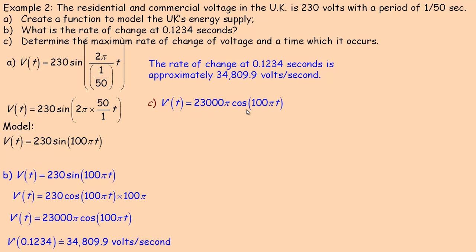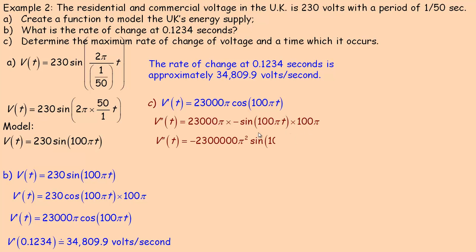To find the maximum and minimum value of this, we would need the second derivative, the next rate. So the second derivative would be 23,000 pi, and now we need to differentiate this cosine function. Remember, the derivative of cosine is negative sine, so we go negative sine 100 pi t times the derivative of what's in here, remember chain rule, and the 100 pi is the coefficient of the t, so that's why we're multiplying by 100 pi.